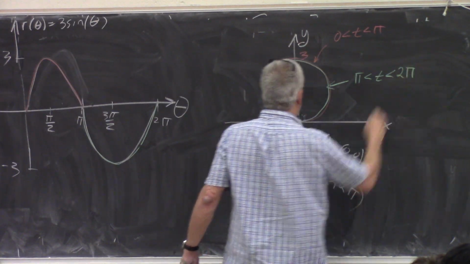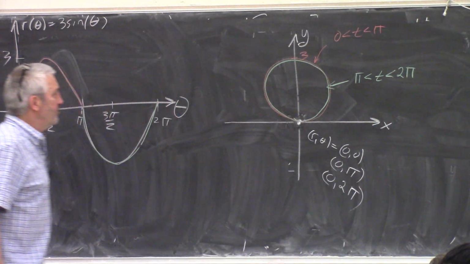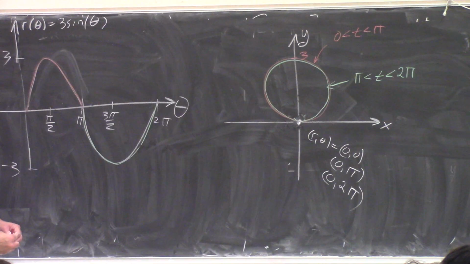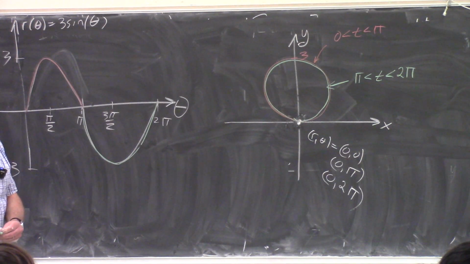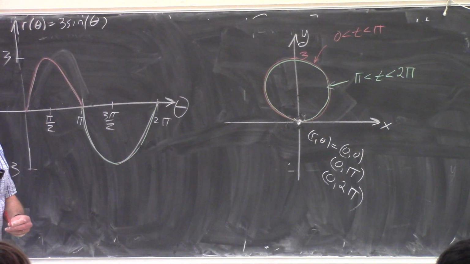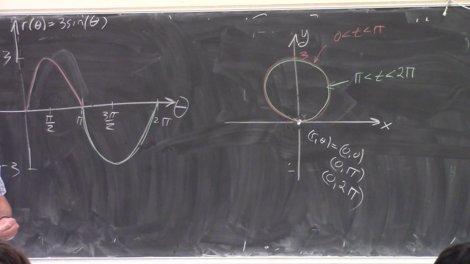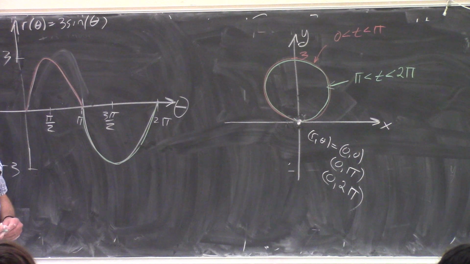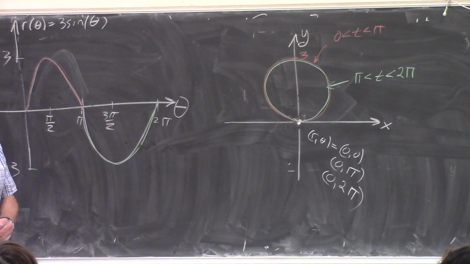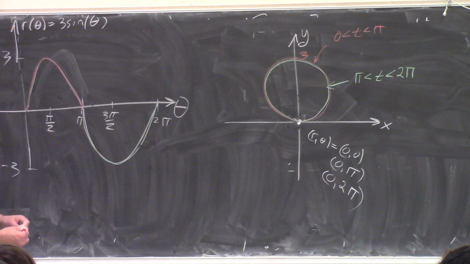Again, right at time t equals pi, and at 2 pi we're there. What's that look like? Circle. What would you say the diameter is? 1.5. What? No, not 1.5. 3. Yeah, it looks like maybe it's a circle of diameter 3. So it seems like it might be a circle.